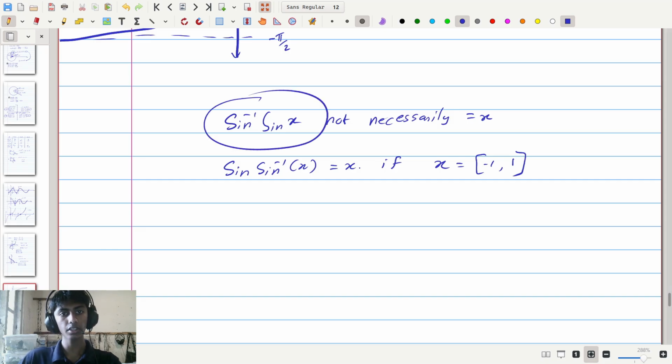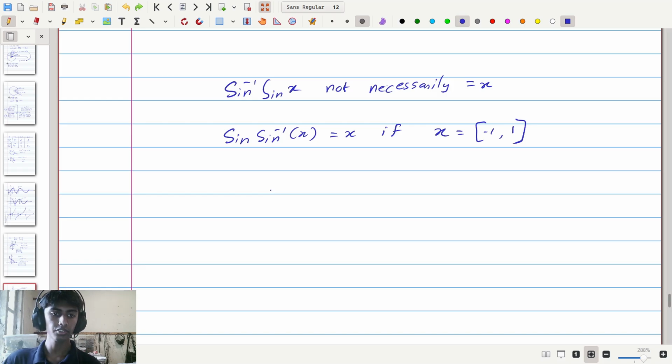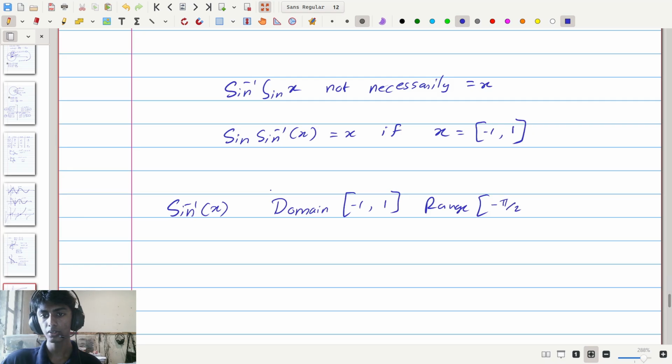However, be cautious when you see sine inverse of sine of some value. It is not necessarily equal to that value. It would be equal to that value if x is in the given range. For sine x, sine inverse x is defined with a domain of inclusive negative 1 to 1, and a range of negative pi by 2 to pi by 2.